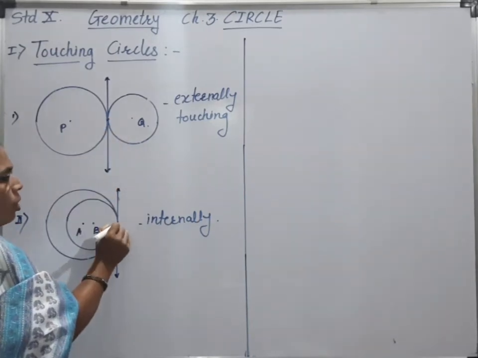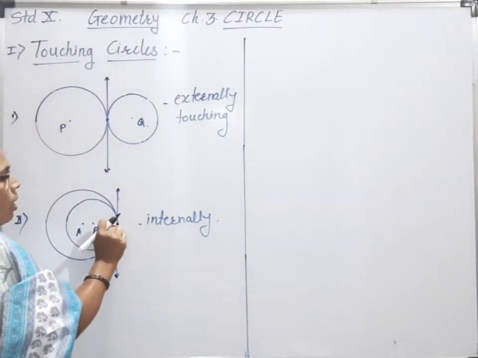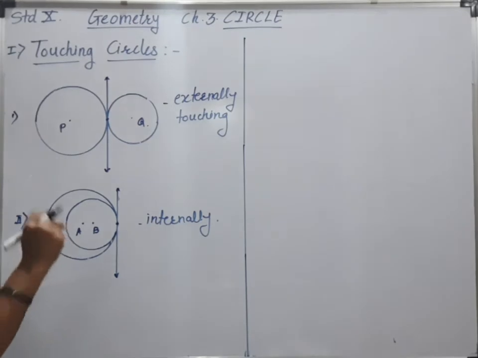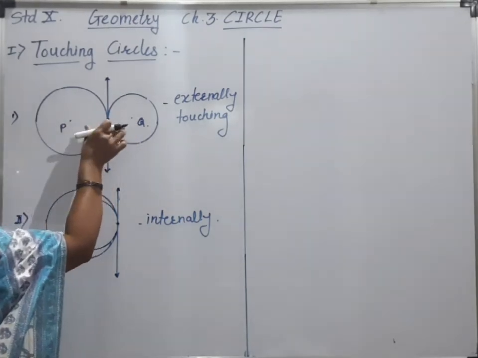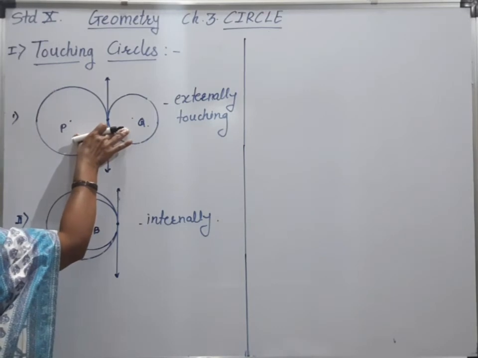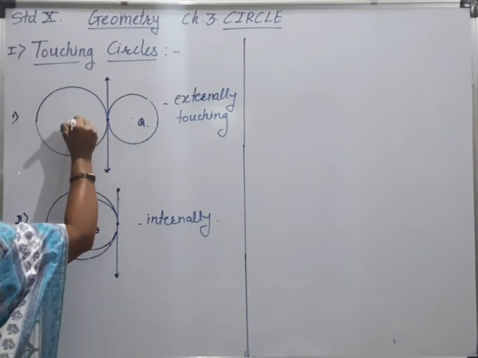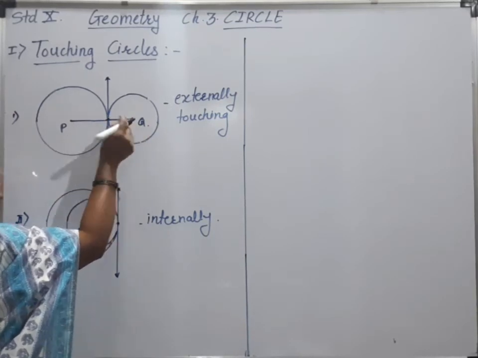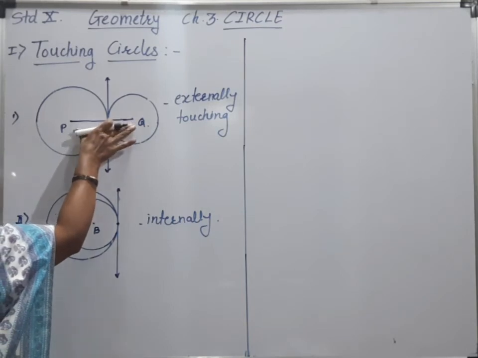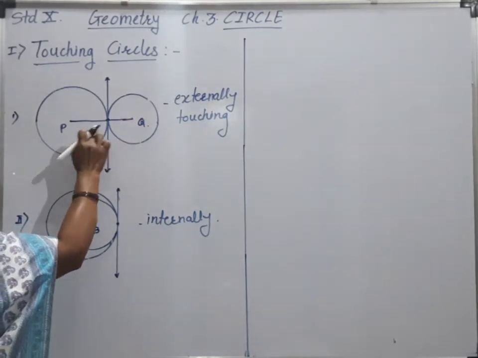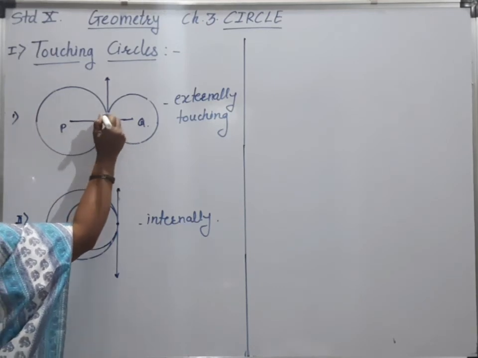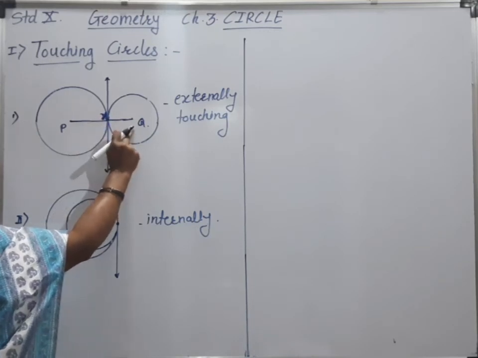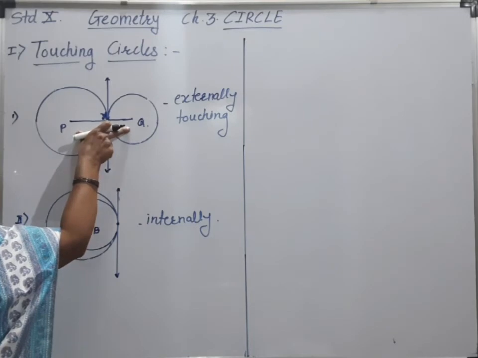This point is also called the point of contact, which is in contact with the circles and with the line. Now when we want to measure the distance between the centers of the circles, this is the radius of this circle and this is the radius of this circle. So when we want to measure the distance between the centers of these two circles which are touching externally, we have to add. Suppose here it is X, so it is PX plus XQ when these two circles are touching externally.